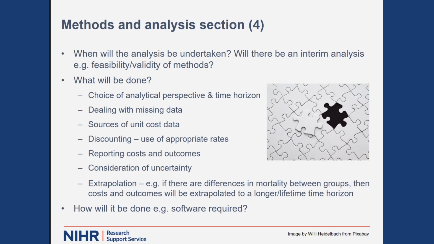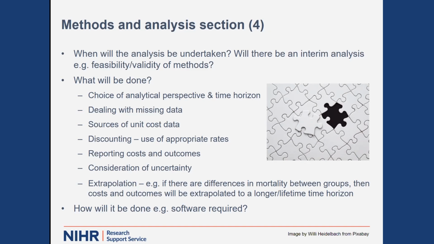Need to think about how we're going to source our unit costs. Are you going to use national sources? Are they available for all the types of things you want to cost? If your time horizon is beyond 1 year, we want to discount our future costs and benefits back to the present day. So we need to say we're going to do that. Think about how we're going to report our costs and outcomes, how we're going to consider uncertainty, and how we're going to present our results.